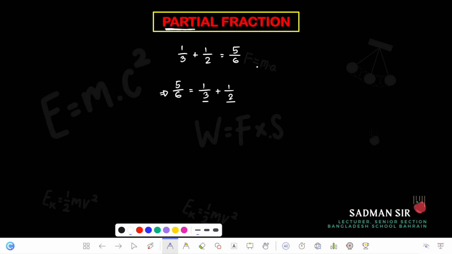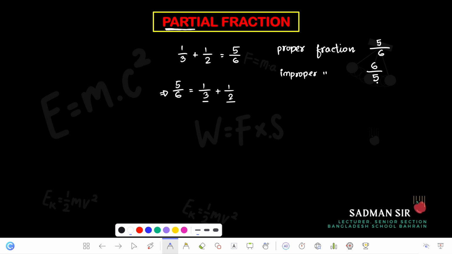Now whenever we are talking about fractions, we know that there are several types of fractions. For example, proper fraction, this one probably we learned in grade 2 or 3 or maybe 4, I don't exactly remember. So a proper fraction is the one where the numerator is smaller and the denominator is greater. Now improper fraction, you can understand that the denominator will be smaller and the numerator will be greater.